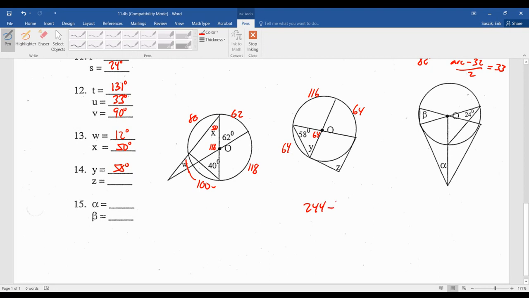And remember that, subtract that from 360, you get this arc to be 116. And this is a tangent angle. And if that's 116, Z has to be 64 because a tangent angle and its minor arc add to 180.